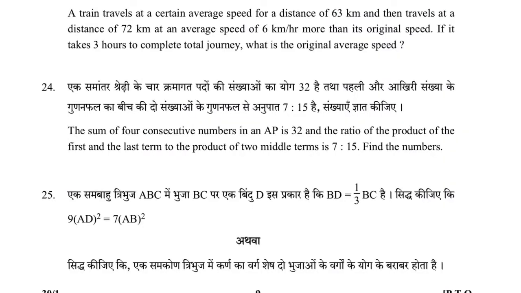24th question: we have the sum of 4 consecutive numbers in an AP is 32 and the ratio of the product of the first and the last term to the product of the two middle terms is 7:15, and we need to find out the numbers. Here we have an AP and the 4 consecutive terms.